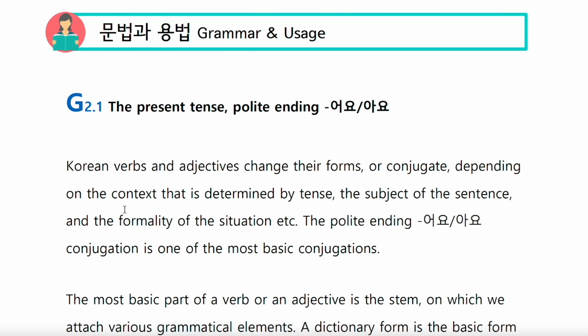자, Korean verbs and adjectives change their forms. We call this process conjugation, 그래요. Or conjugate, depending on the context that is determined by tense, present or past, the subject of the sentence, if the subject is older than the speaker, or the speaker himself or herself, and the formality of the situation.